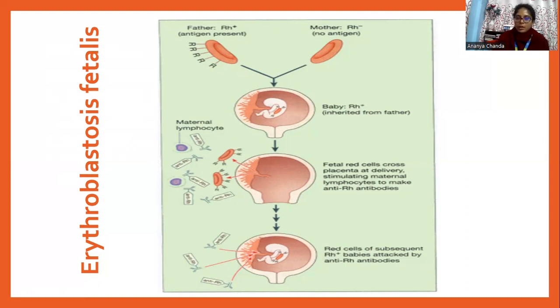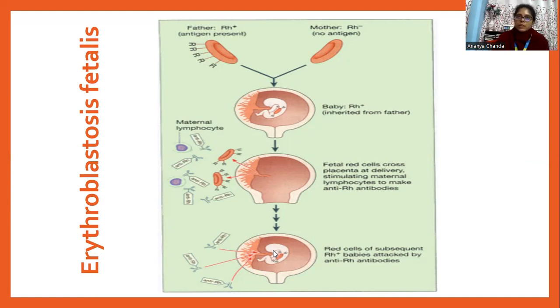So the positive blood will pass through the placenta and trigger the maternal lymphocytes. These maternal lymphocytes will create antibodies against the Rh positive blood group. And that antibody will cross the placenta and attack the baby's red blood cells. So the fetal red blood cells are damaged, and hemolysis occurs.